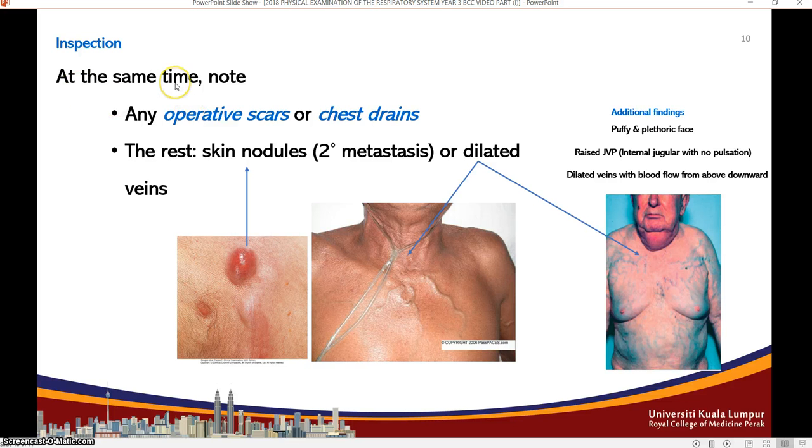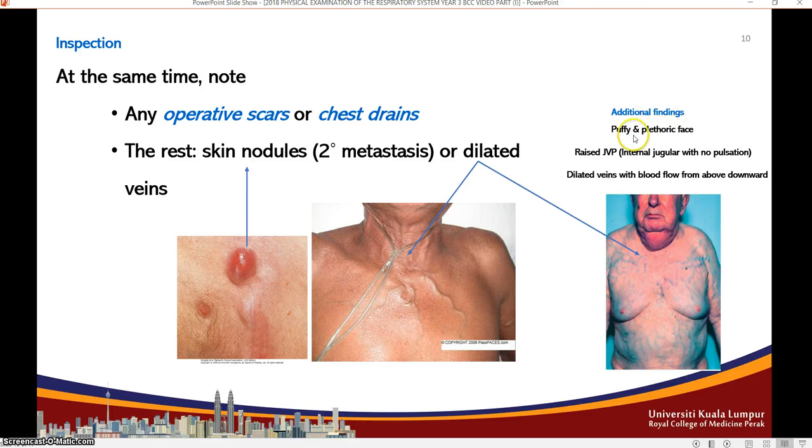At the same time, note any operative scars from lung surgery or chest drains. Look for skin nodules, which may be secondary metastasis, or dilated veins over the chest due to superior vena cava obstruction.